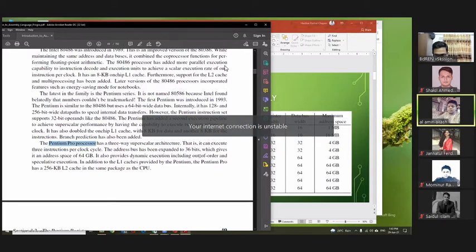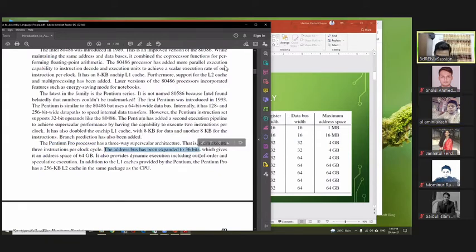So if you have a 32-bit address, then you can have a maximum of 4 GB, right? If you do a little bit of calculation, for 32-bit, you have 4 GB. For 33-bit, 8 GB, right? 34, 16 GB, and 36, like that, you have a maximum of 64 GB.